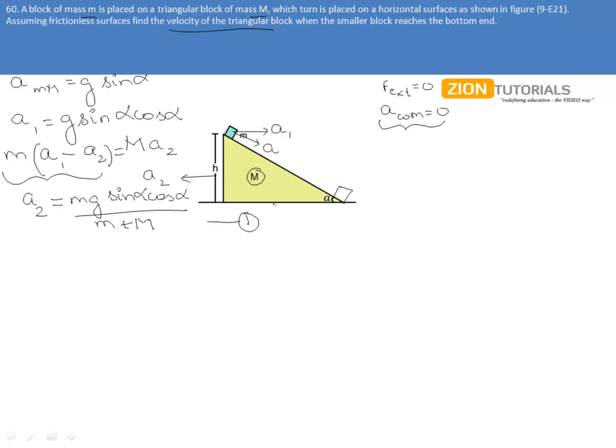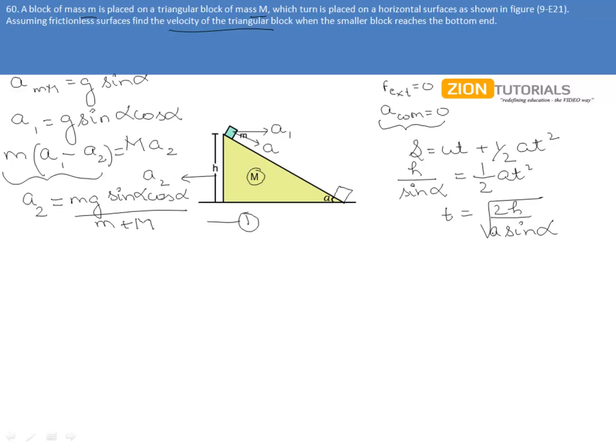So friends, for that, applying S equals ut plus half at square for this small m block, I can write h by sine alpha, which is the length of the hypotenuse of this wedge, equals half a t square. So time comes out to be the square root of 2h upon a sine alpha.